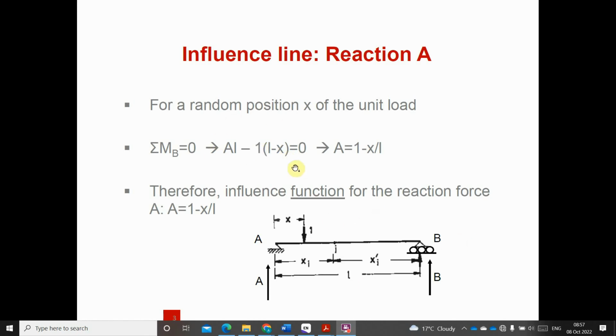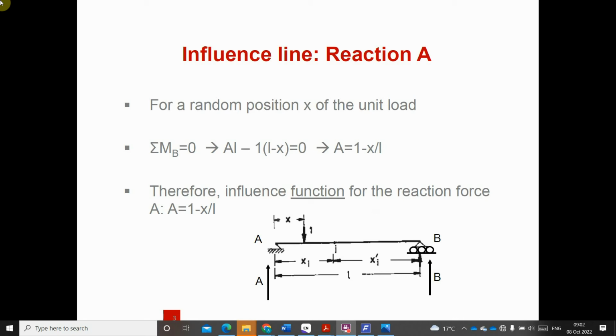So from this expression, let me just show you the calculation for the reaction at A.